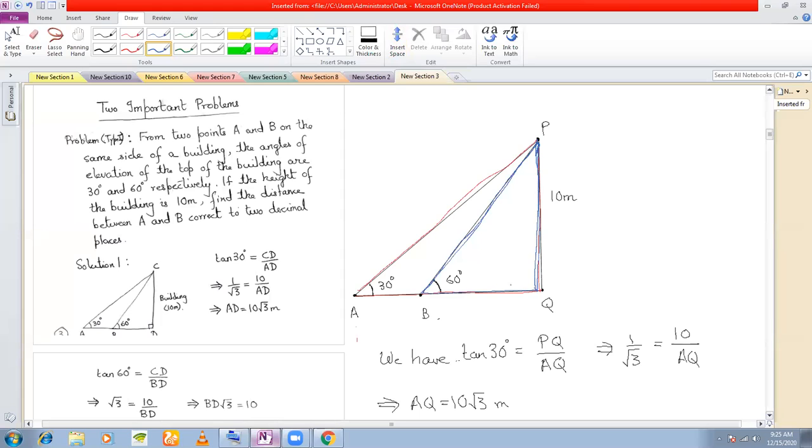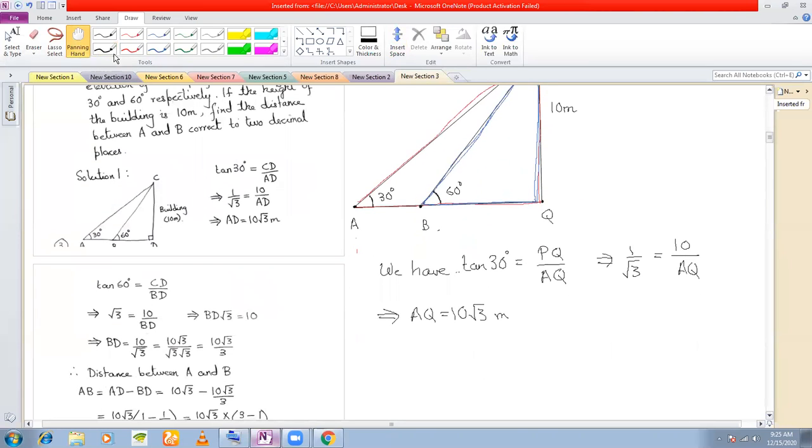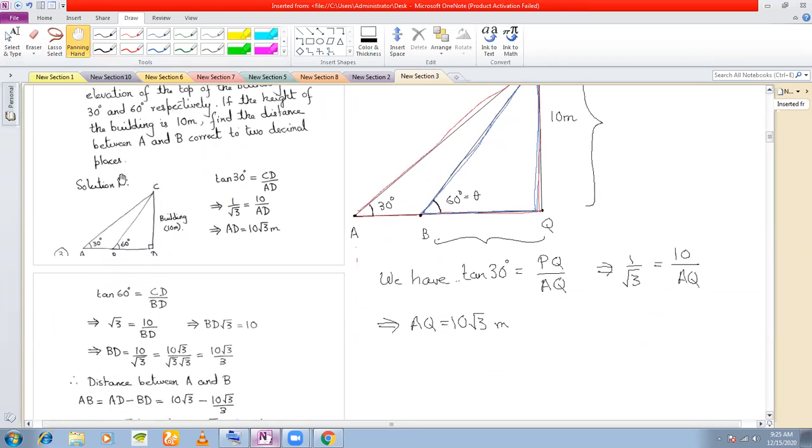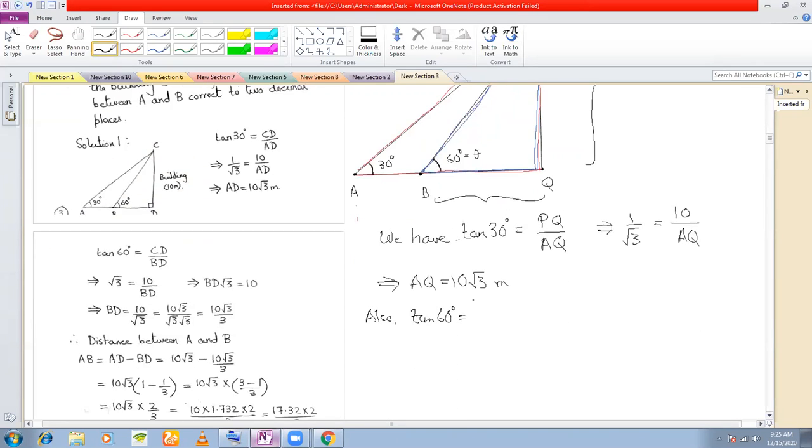Okay, sir. So we'll consider this right angle triangle. So here again, this becomes your theta, and this becomes your perpendicular, and this becomes your base. So we know the length of the perpendicular. We need to calculate the base only. So we use tan once again. Also, tan 60 is equal to PQ by BQ.